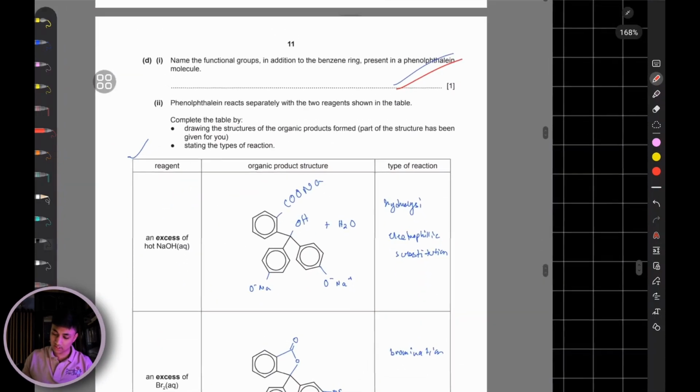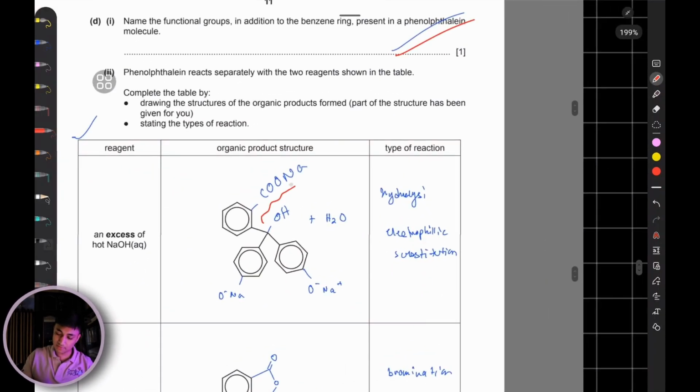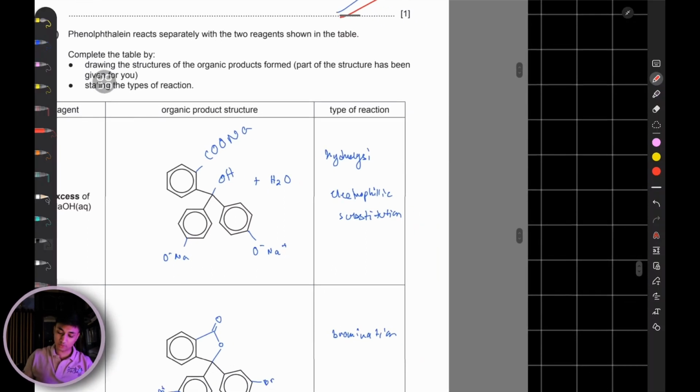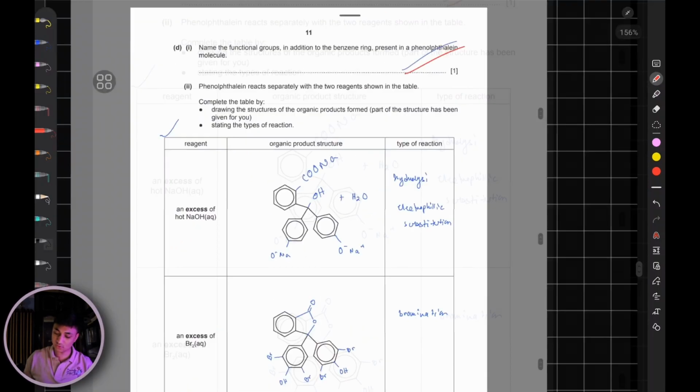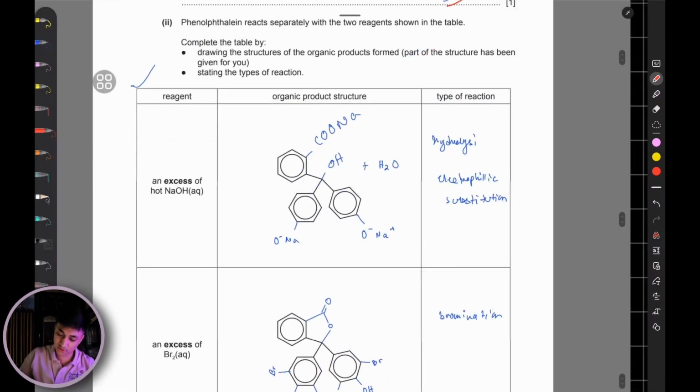Notice over here that this bond will be breaking and H plus replaced by Na. This H stays as it is. Why? It doesn't react with NaOH. It only reacts with reactive metals. Now, over here, H replaced by sodium, H replaced by sodium. So hydrolysis takes place over here.